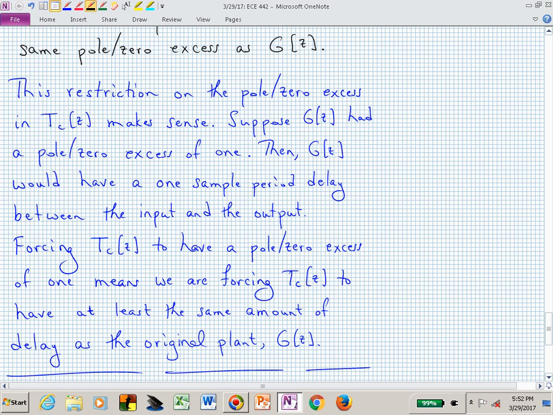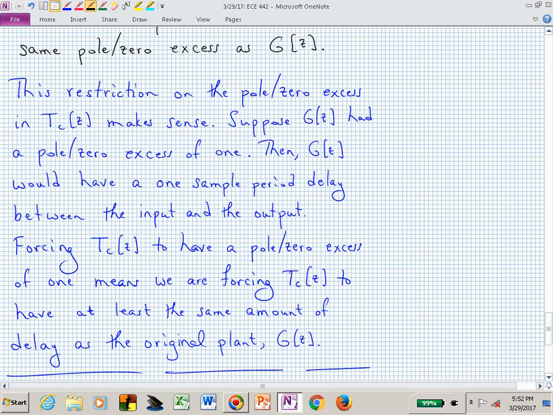By forcing our desired closed-loop pole to have at least that same pole zero excess, we're assuring that we're not speeding up the behavior of our system. We're not creating something from nothing. We can't make our system go faster than it originally was in terms of the number of sample periods between the input and the output.